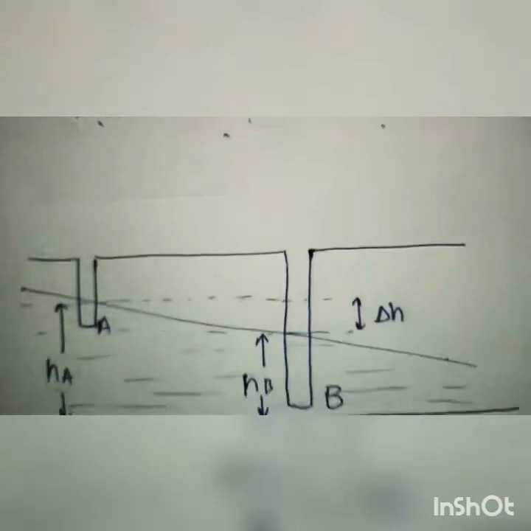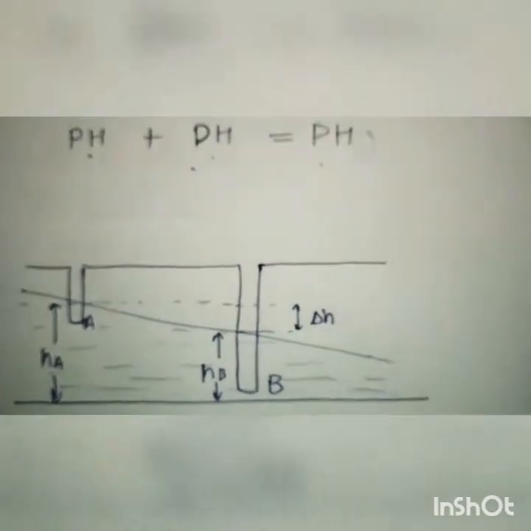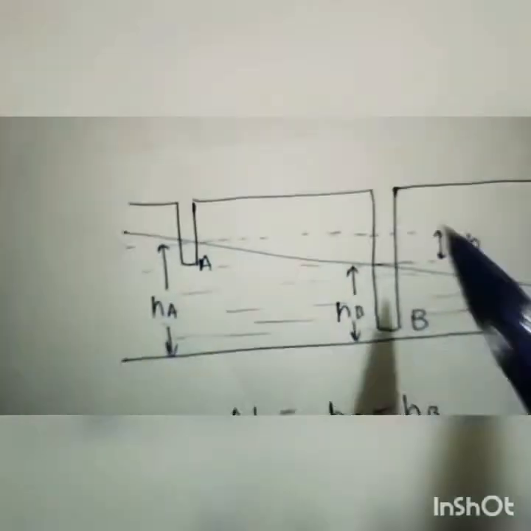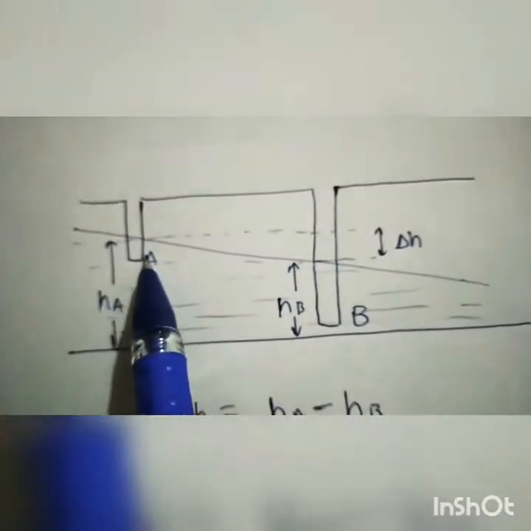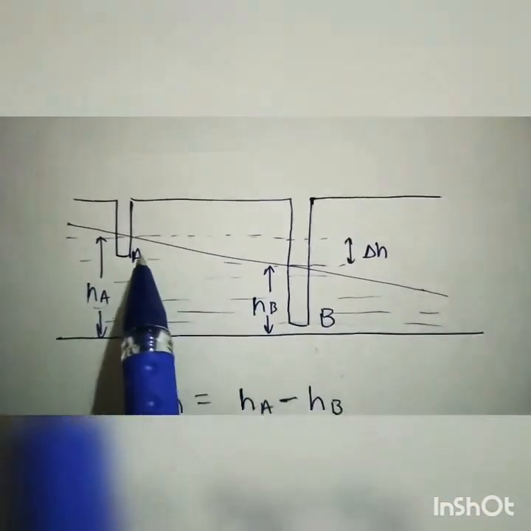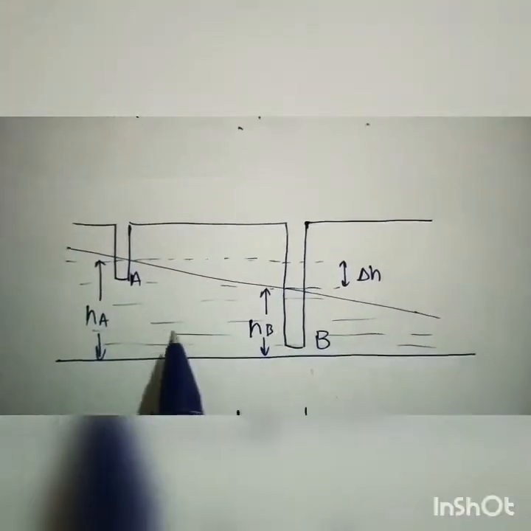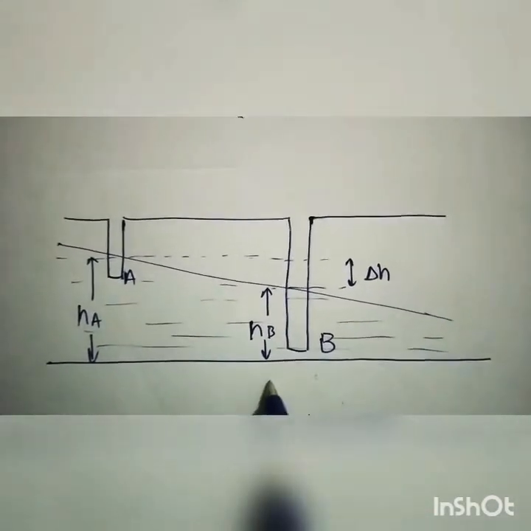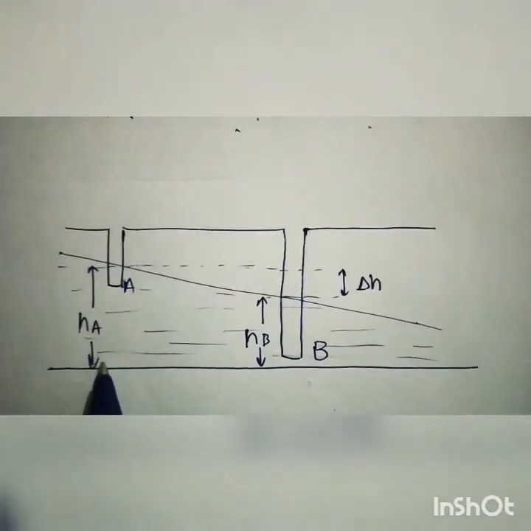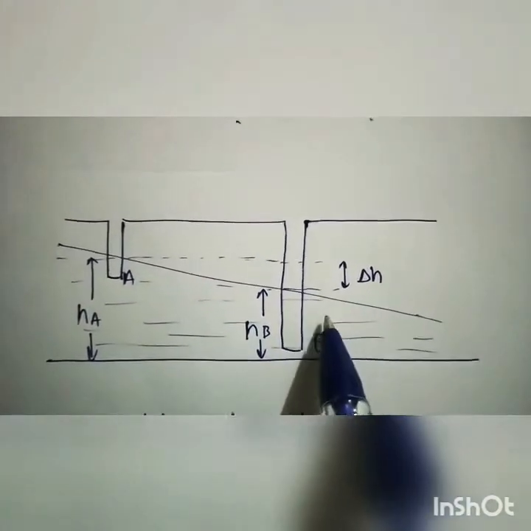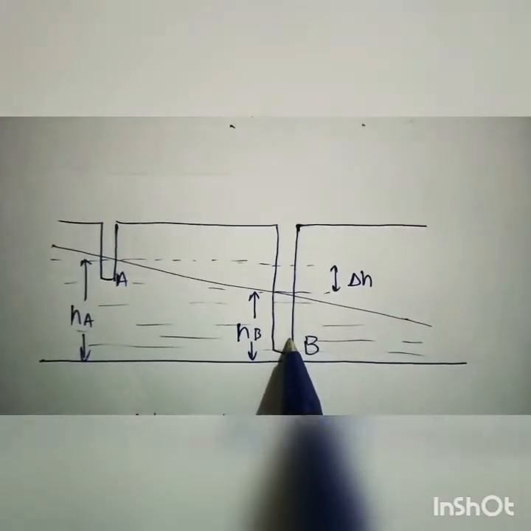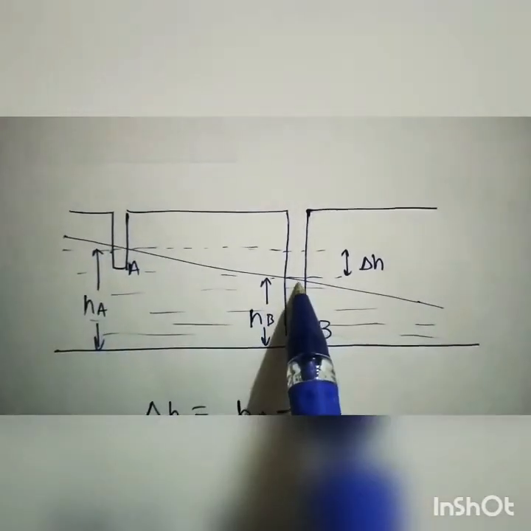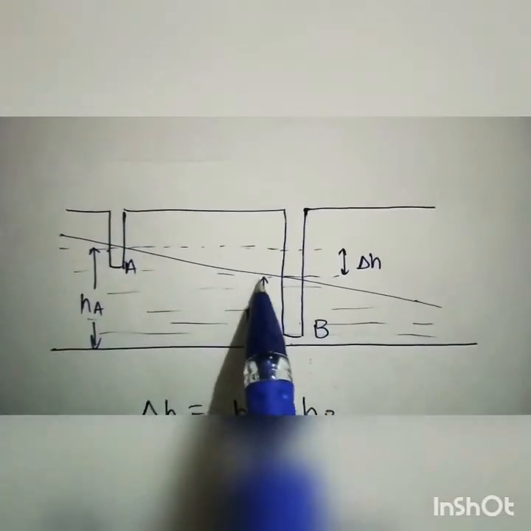So let's understand what datum head is. Let's see this diagram. Here we can see that there are two holes in this soil, and this level is of water. This level you can call as datum, and this height is HA, and this height is HB. So you can say that this is a higher level than this, so water will flow in this direction.